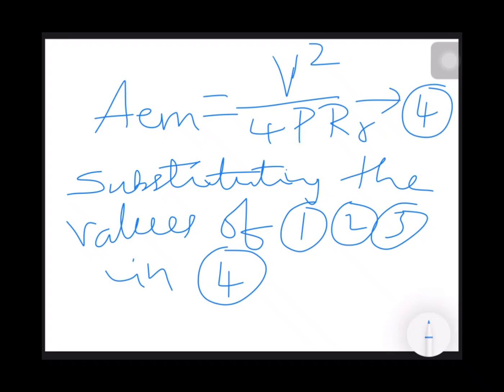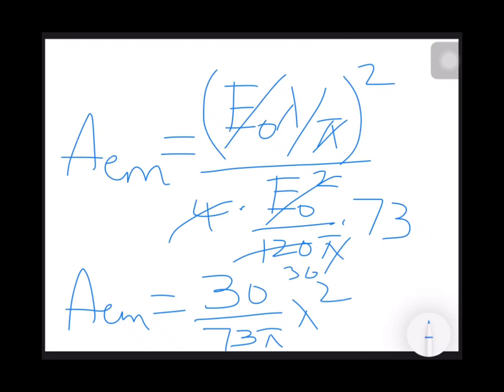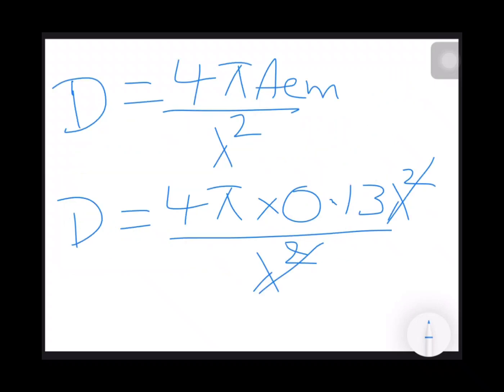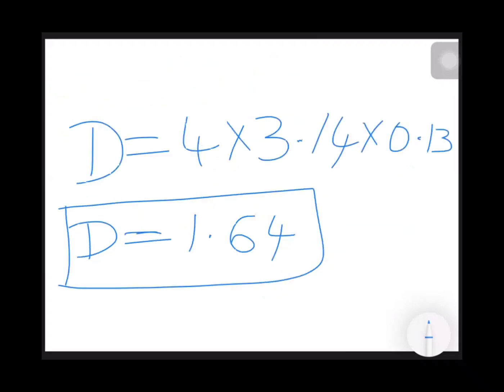And finally, you first arrive at the equation for maximum effective aperture, that is 0.13 lambda square. And thereafter, by knowing the equation D is equal to 4 pi AEM by lambda square, do the substitution of AEM, and finally you get the value of D as 1.64.